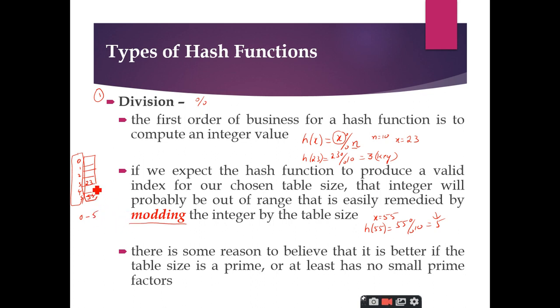But these values, this 23, 55 and these values which I want to insert into the hash table are arbitrary numbers and they are unlimited. So in such a case, I will make use of this particular mapping mechanism where I should map the arbitrary set of values into a fixed set of index numbers. For that purpose also I will be using this modding function, right?